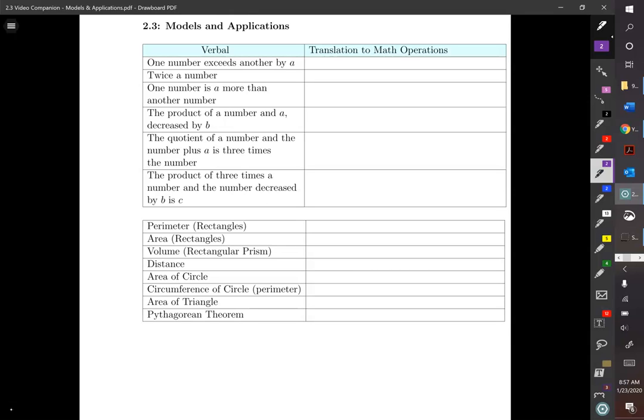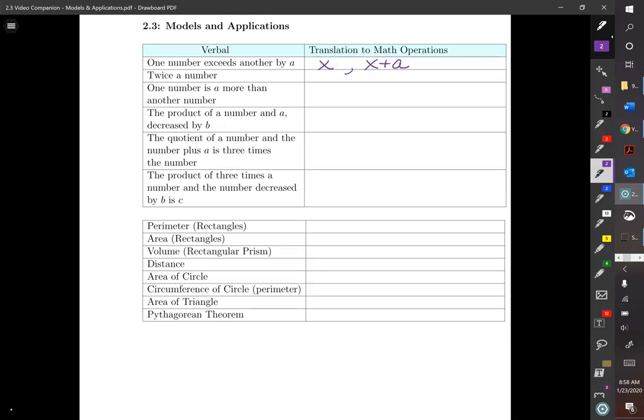So on this one, one number exceeds another by a. So I would say if I have x is my number, then the other number would be x plus a.